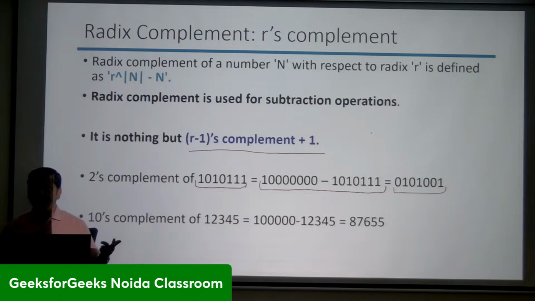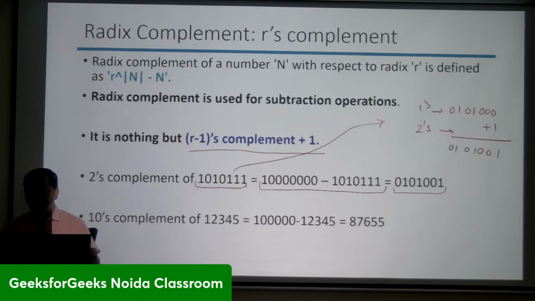But what we can do the other way is, we can simplify by taking the 1's complement for the given number, and 1's complement for this particular number is 0, 1, 0, 1, 0, 0, 0. In that case, to get the 2's complement, simply add one more bit at the LSB, and that is going to be 1, 0, 0, 1, 0, 1, 0. So this is the 2's complement, and you can check this is the same as computed by the formula and the shorthand.